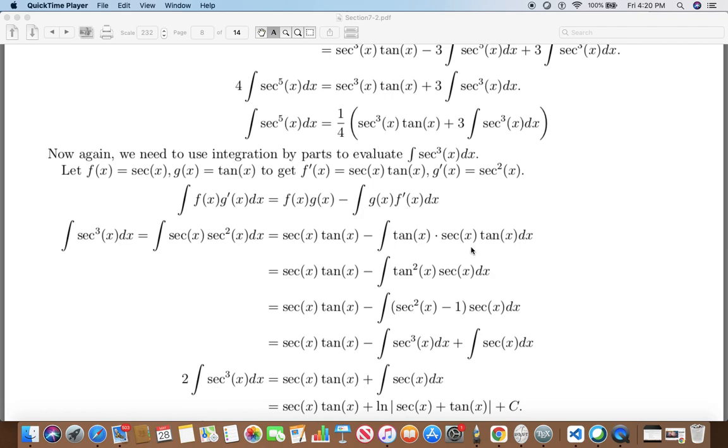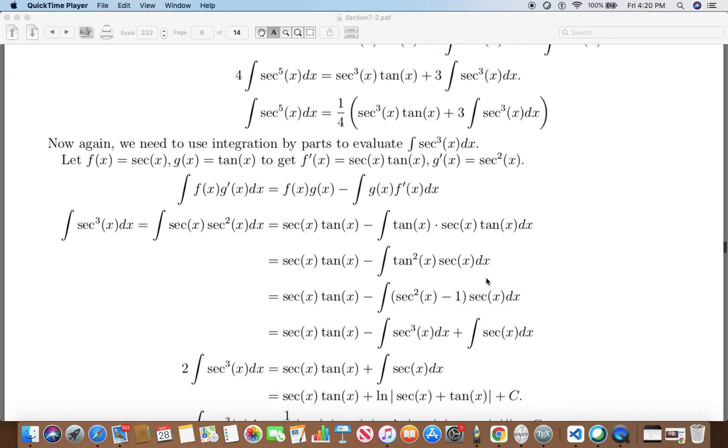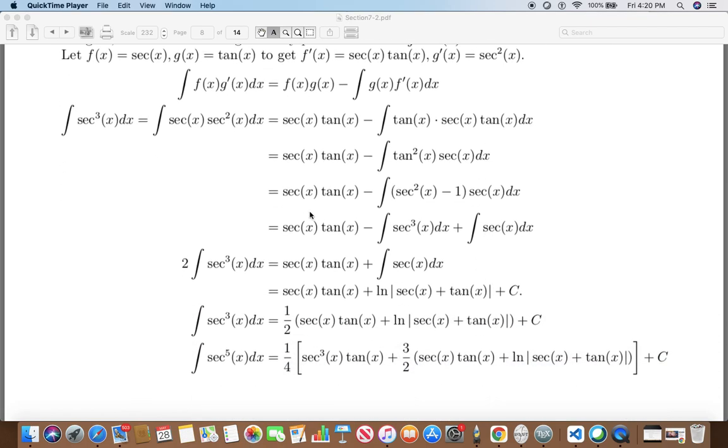All right, f prime is secant x tan x. So multiplying all of this together, you get tan squared x secant x. So the integral of secant cube x is secant x tan x minus the integral of tan squared x secant x dx, which is equal to secant x tan x as before minus, with tan squared being secant squared minus 1.